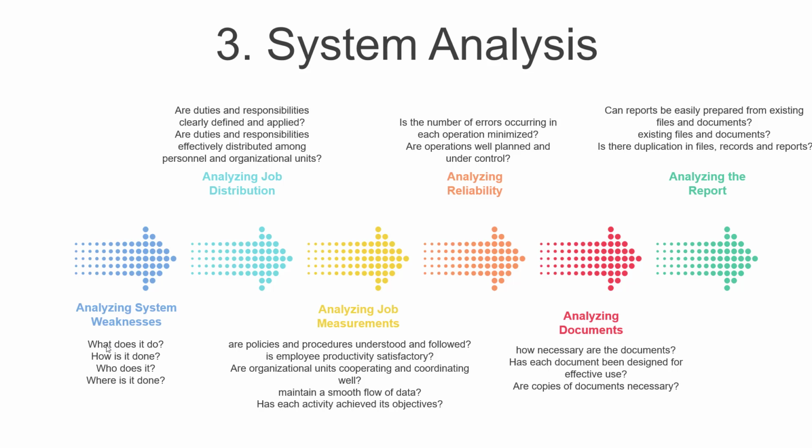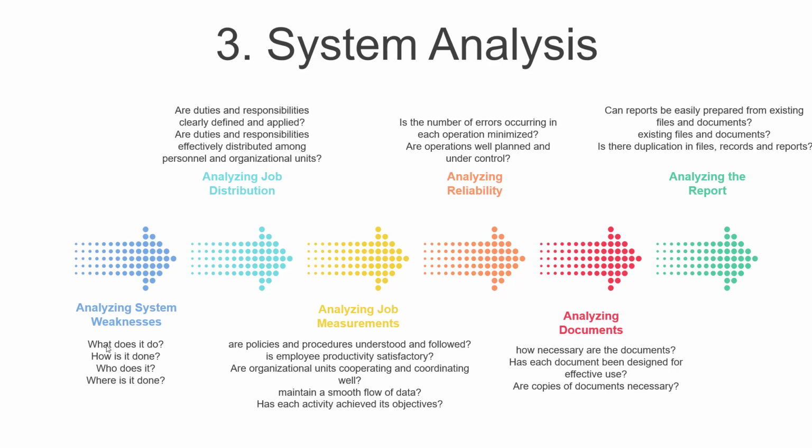I also gave you some analysis methods like SWOT, or the 5W plus 1H. Then you can analyze system weaknesses: what does it do, how is it done, who does it, and where is it done.